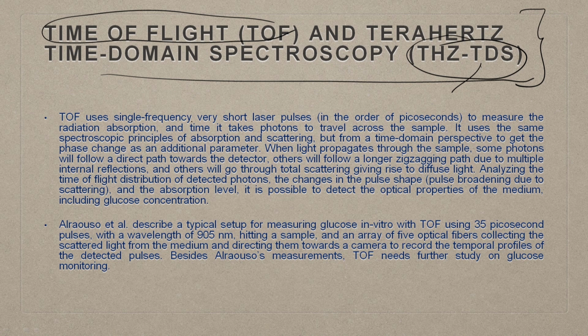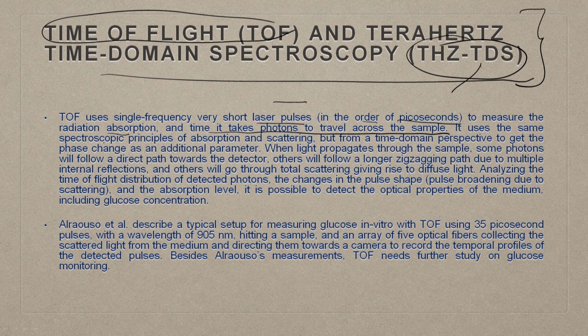TOF uses a single frequency, very short laser pulses in the order of picoseconds to measure the radiation absorption and the time it takes photons to travel across the sample.